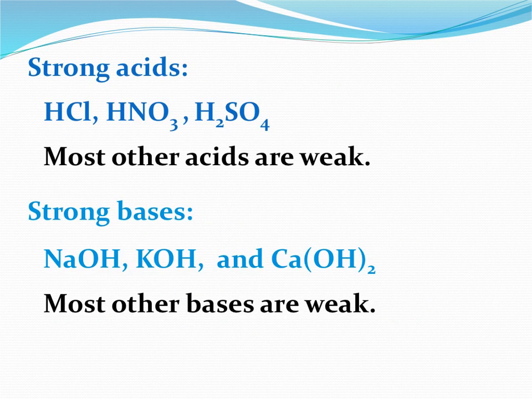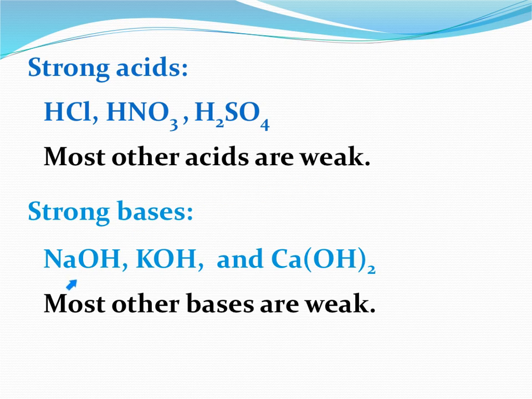So some examples of strong acids and strong bases: hydrochloric acid, nitric acid, sulfuric acid. Most other acids are weak, and a weak acid, of course, is just when the opposite happens, when not all of the ions dissociate.